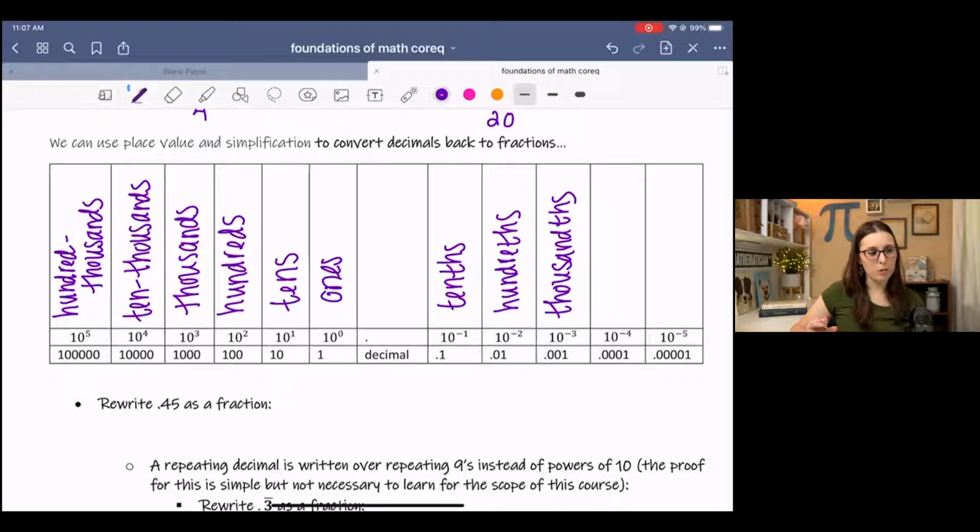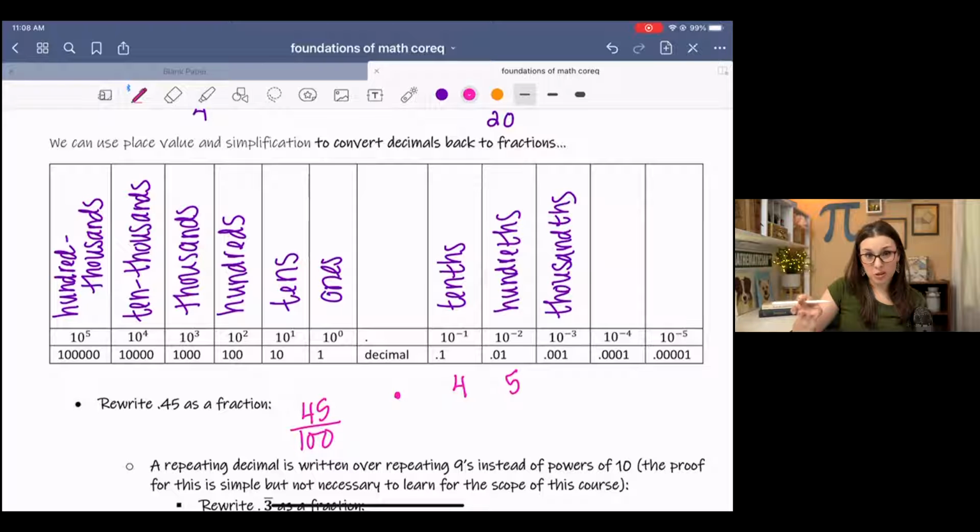So for example, 0.45, what you do is take into consideration how many decimal places there are. This one has 2 decimal places. So if we line it up with our table, 0.45, then this puts us in the hundredths position. And this is 45 100ths.